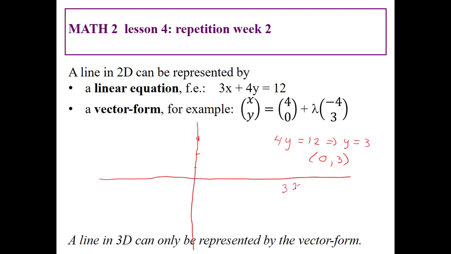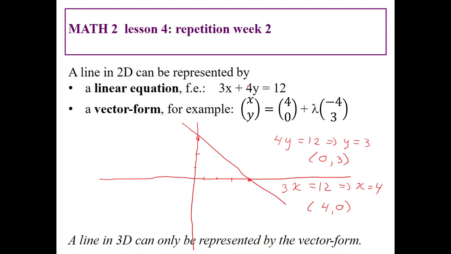Then we would have 3x being 12. So that would mean x is 4. So now the point 4, 0 is also on the line. That's about here. So the line which is represented by this equation would be this line.